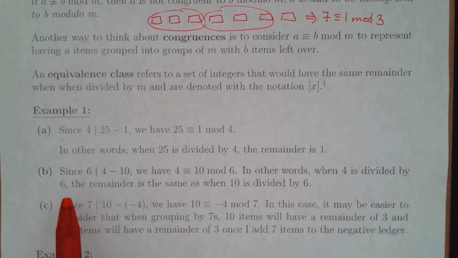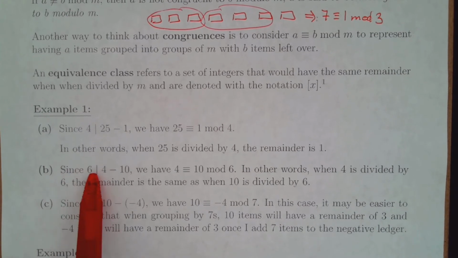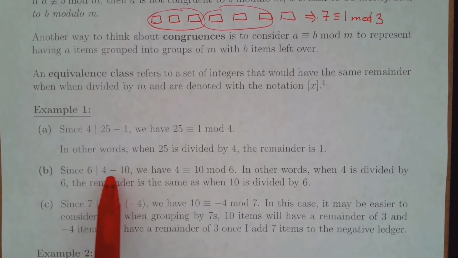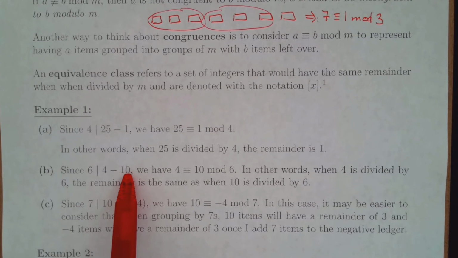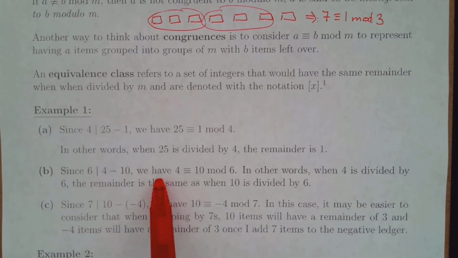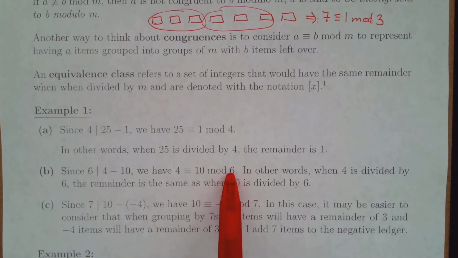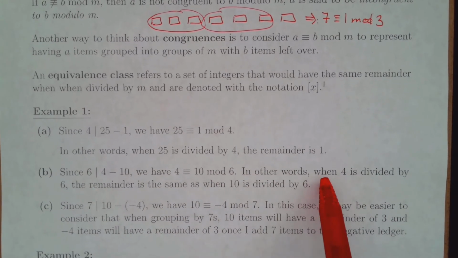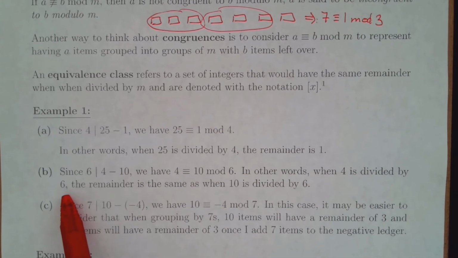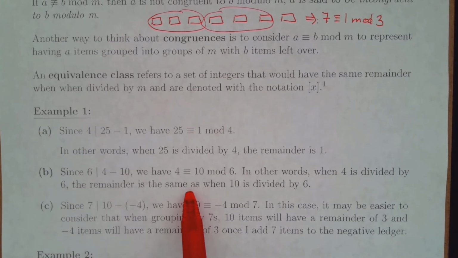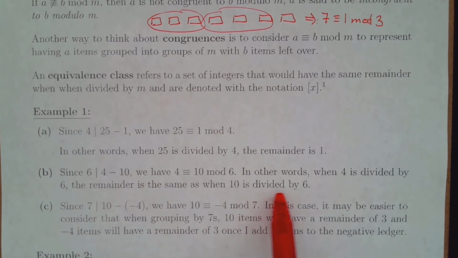Okay? Now, since 6 divides 4 minus 10, and 4 minus 10 is negative 6, 6 divides negative 6, we have that 4 is equivalent to 10 mod 6. So in other words, when 4 is divided by 6, the remainder is the same as when 10 is divided by 6.